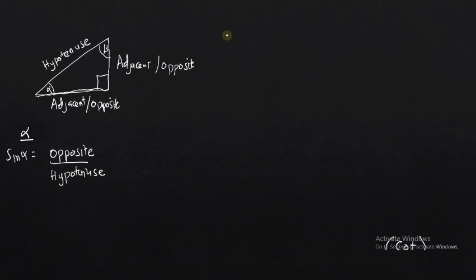We can do that from SOH-CAH-TOA. So sine is opposite over hypotenuse. Cosine is equal to adjacent over hypotenuse.